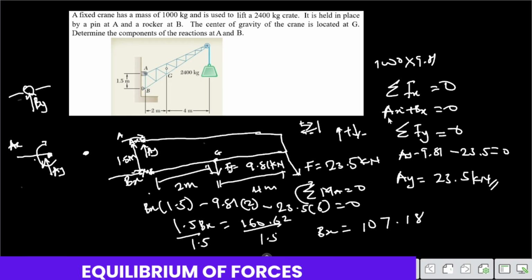So if you want to find Ax, you just have to replace that one here. So if Bx is equal to this, then we can see that Ax plus Bx, which is this, plus 107.18 should be equal to 0. That means that Ax is also equal to minus 107.18 kilonewton. Don't forget about that.